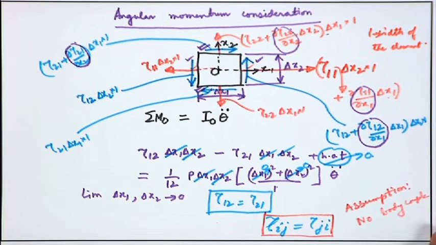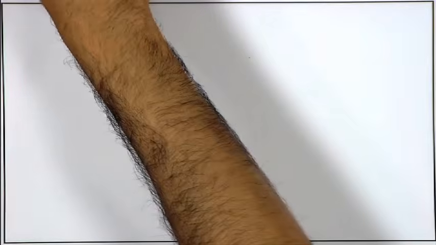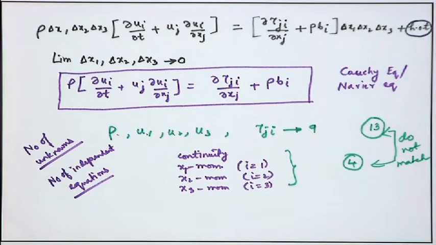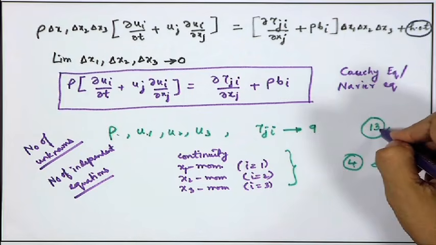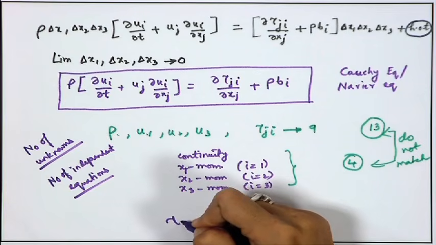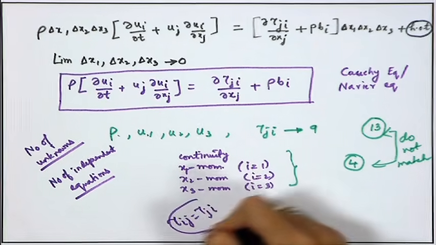So, let us revisit the number of equations and the number of unknowns. I will bring the previous page. What you see here is that we had 13 unknowns and 4 independent equations. Now, we have proven that tau i j is equal to tau j i.